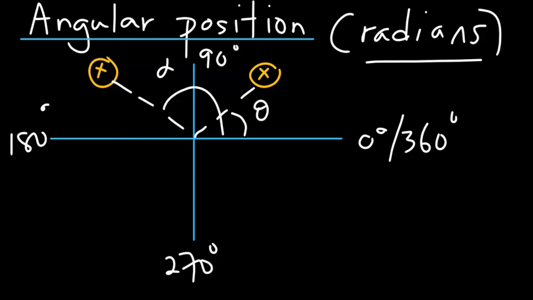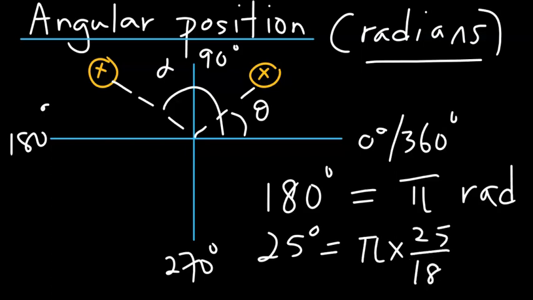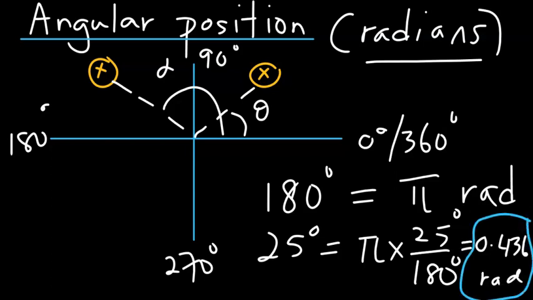The conversion between these two is as follows: 180 degrees equals pi radians. RAD is just an abbreviation for radians. That means if you have an angle, let's say 25 degrees, in radians it is pi times 25 over 180, and that is 0.436 radians.